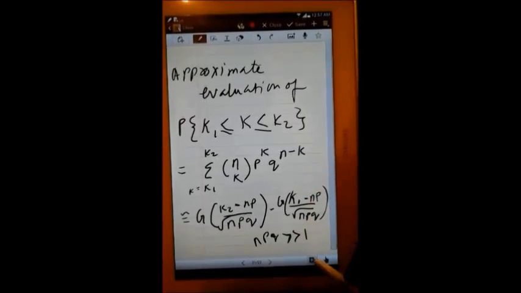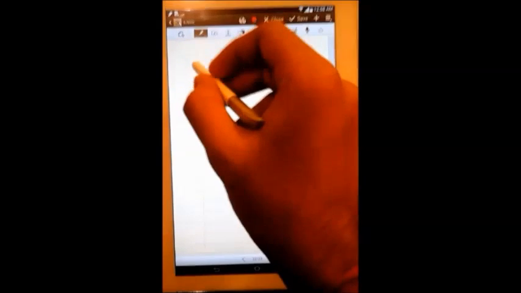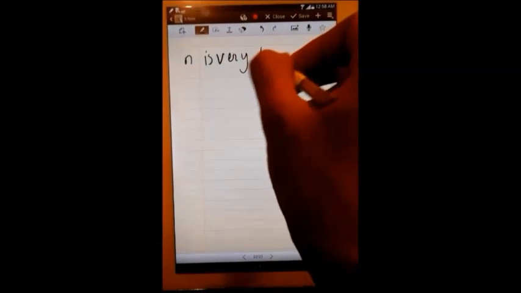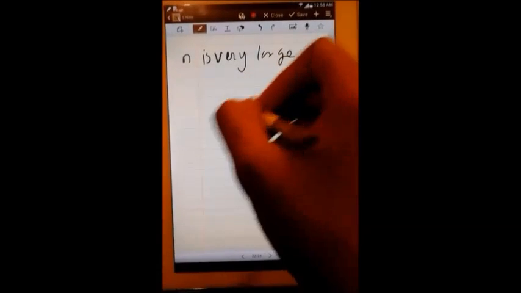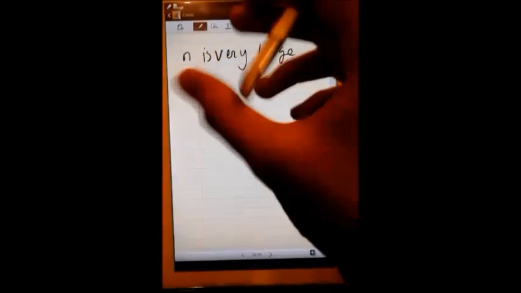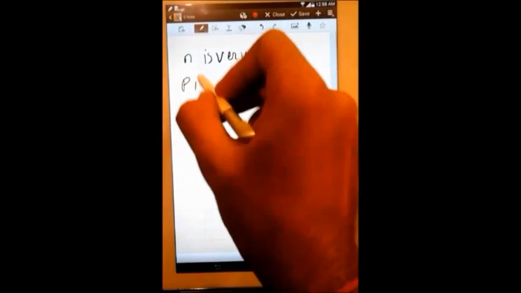Now, taking our concept further to the Poisson's approximation, which is the last part in our discussion. Normal approximation was valid for the conditions that n is very large, that is, the number of trials is very large, and p is fixed.